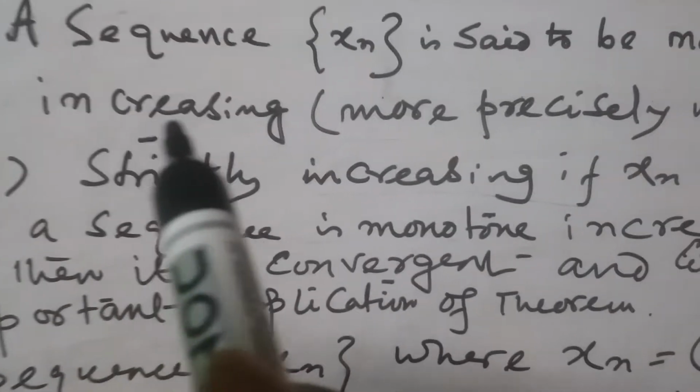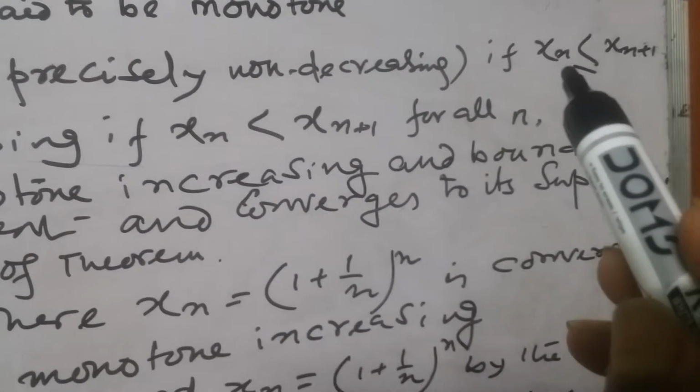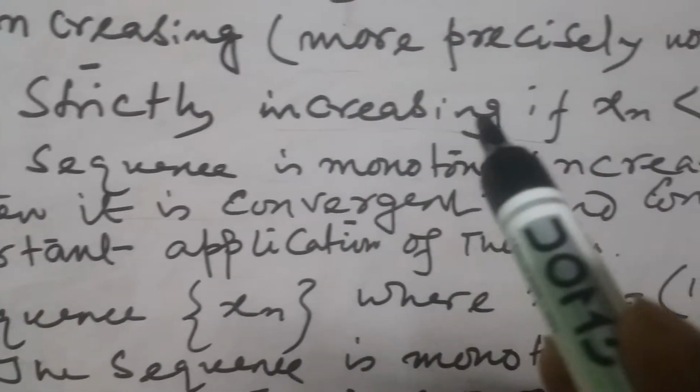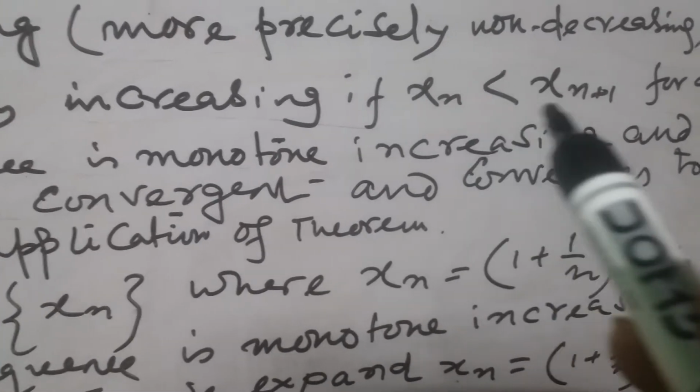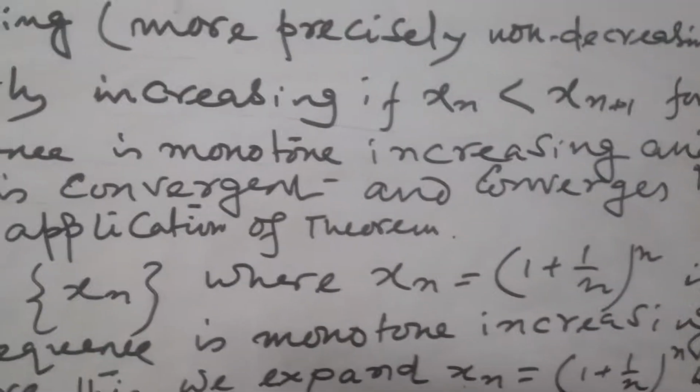You may say increasing also, if xn is less than or equal to xn plus 1, and strictly increasing if xn is less than xn plus 1 for all n.